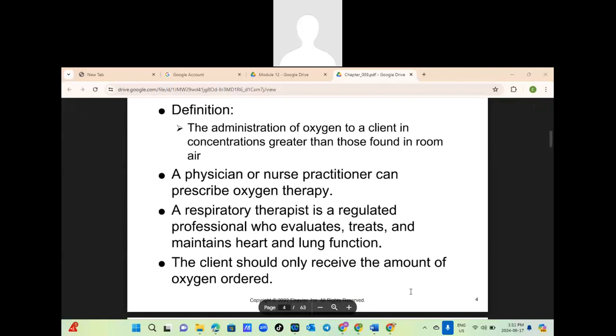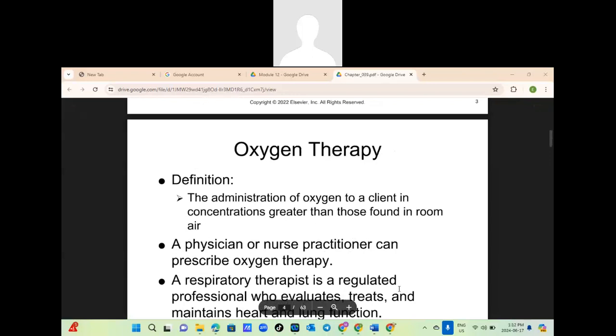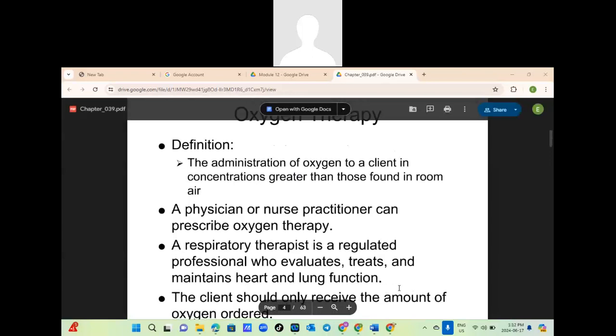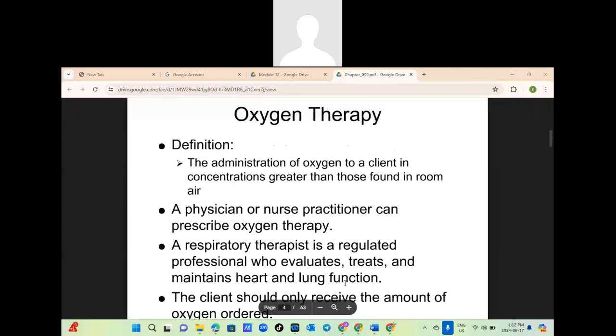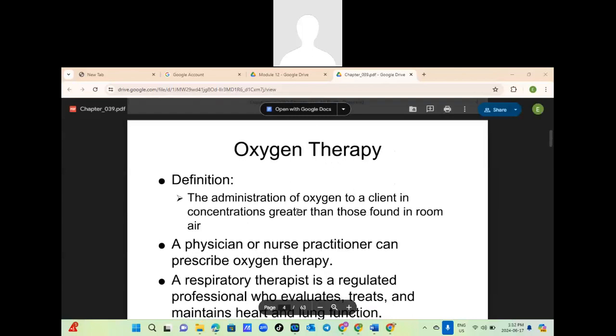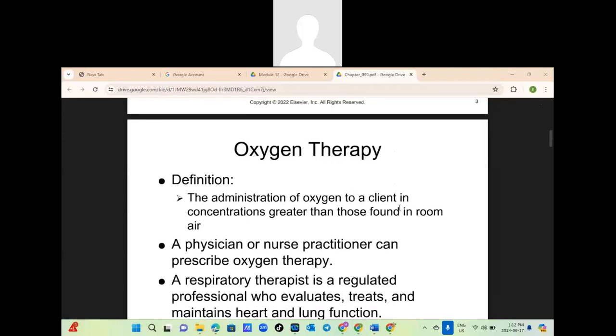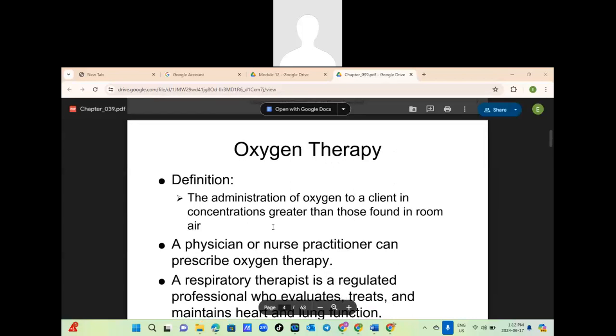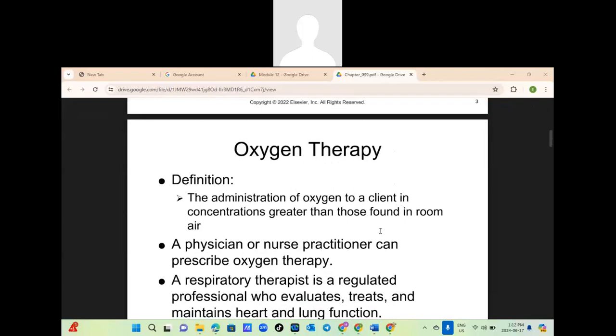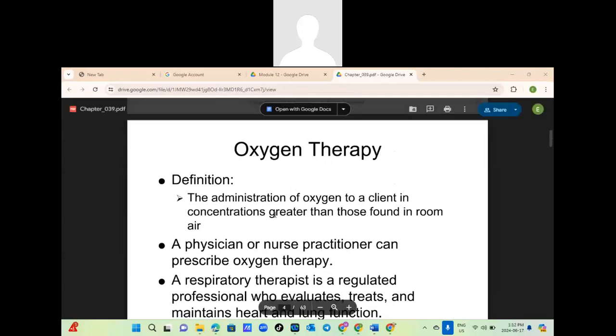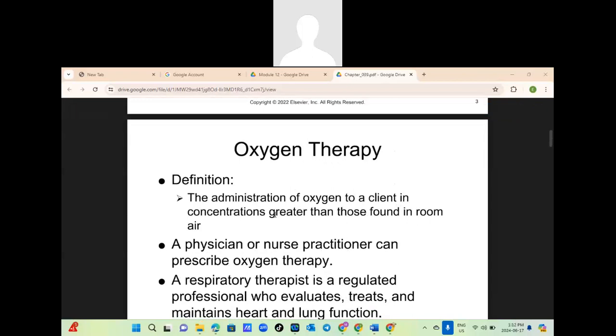So, the administration. What is oxygen therapy? Oxygen therapy is the administration of oxygen to a client in concentrations greater than those found in room air. Room air is 21%.